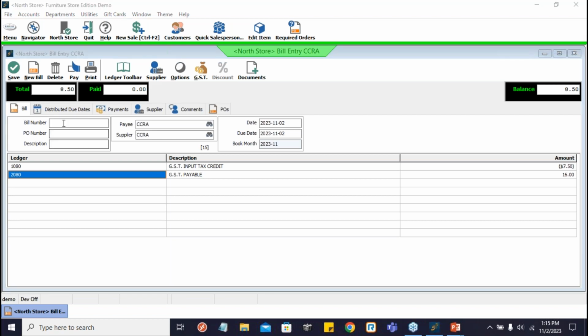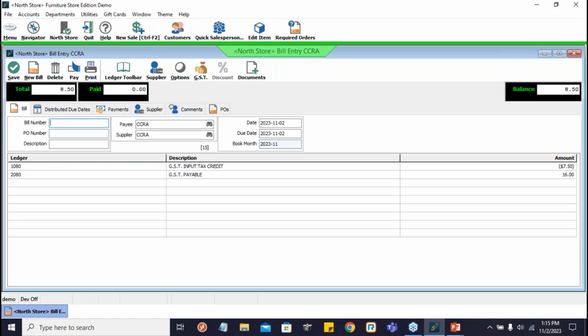So this will be, okay, November GST, and if I save this and go back to the balance or the trial balance.